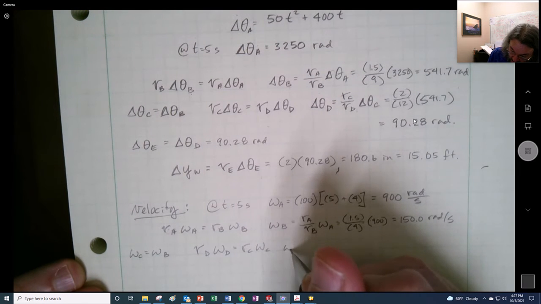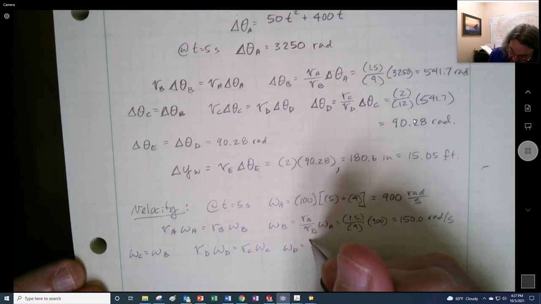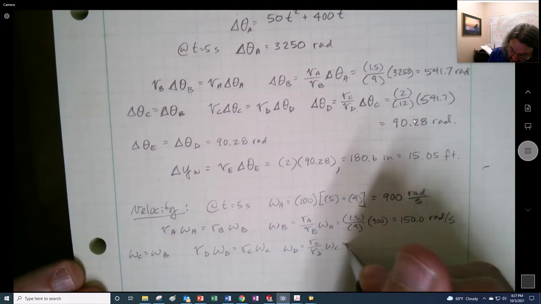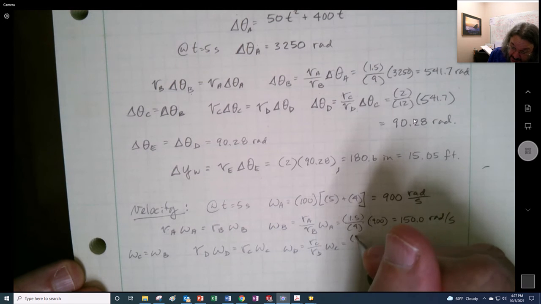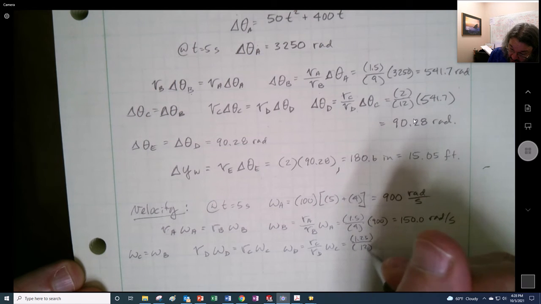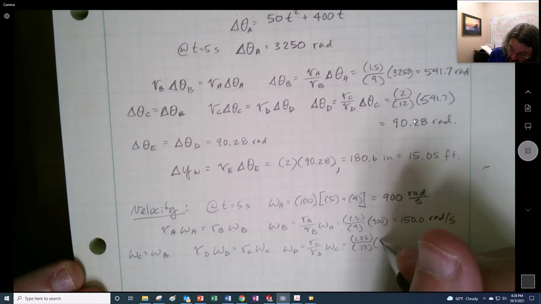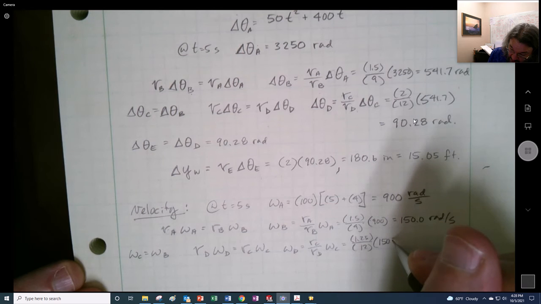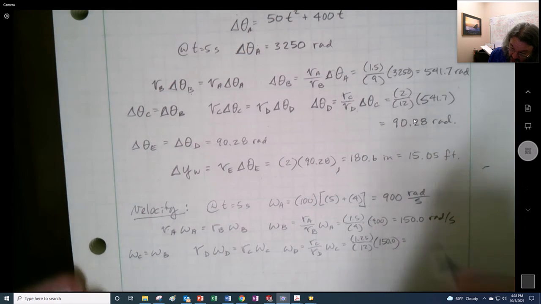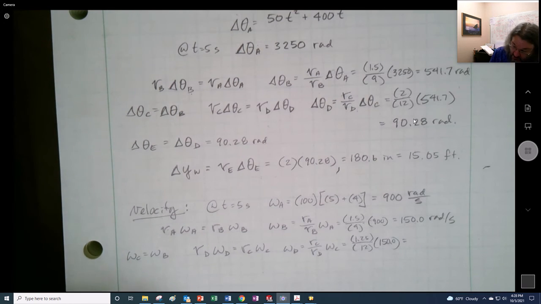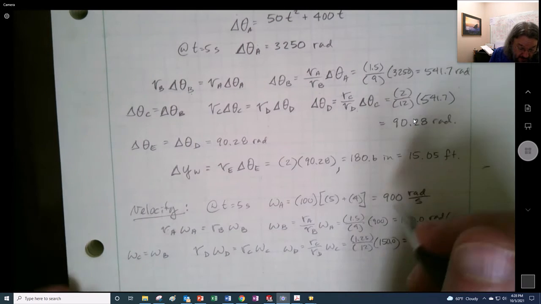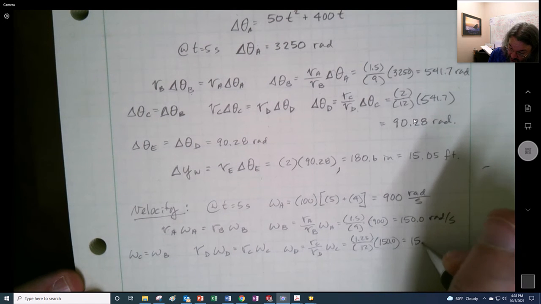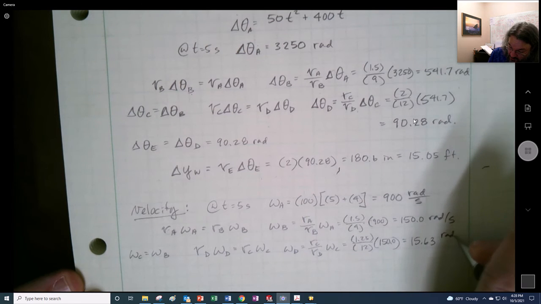So omega D is equal to RC over RD times omega C. C is going to be 1.25, D is 12, and omega C is 150. So 1.25 times that, 12 divided by that, we're all the way down to 15.63 radians per second.